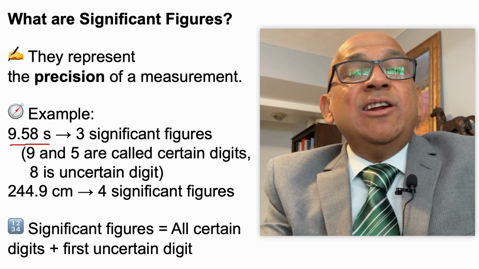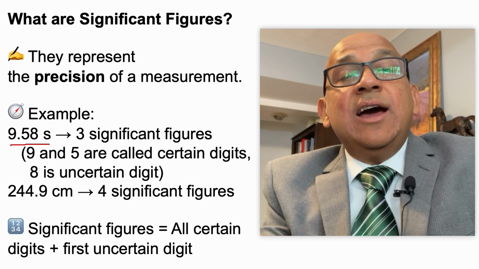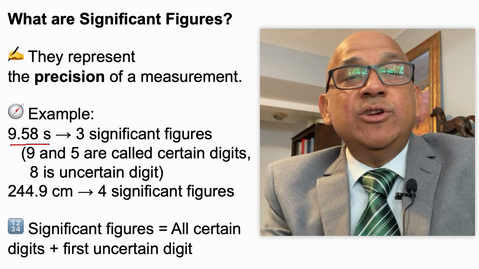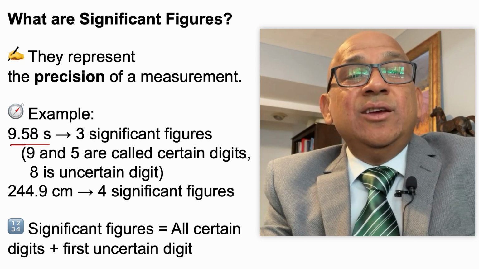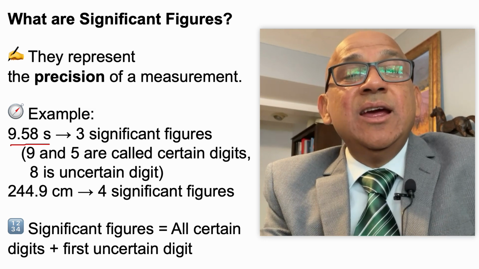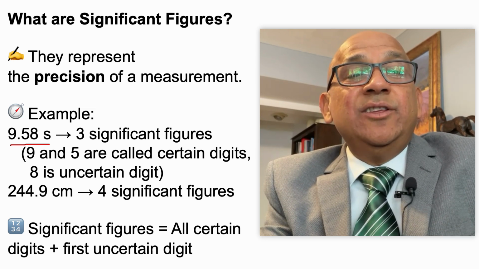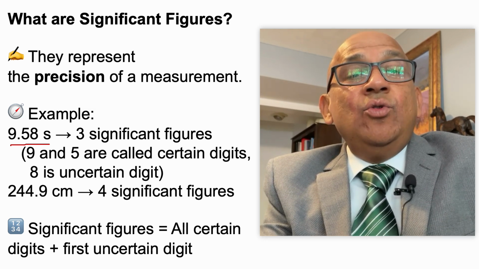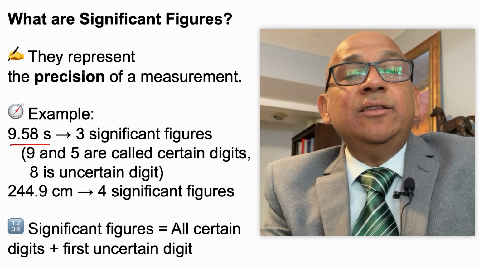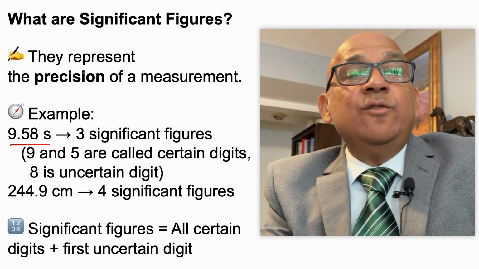Okay. Similarly, the world record for the high jump is 244.9 centimeter. So again, here you see that the last digit 9 is again uncertain and rest of the digits are certain. So all certain digits plus first uncertain digit are called significant figures.